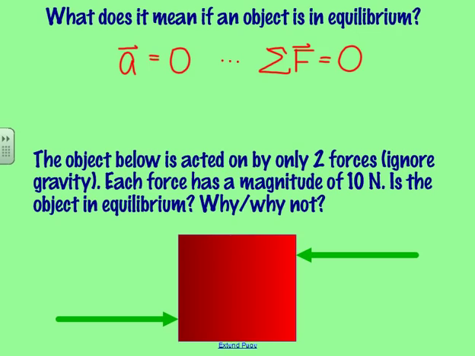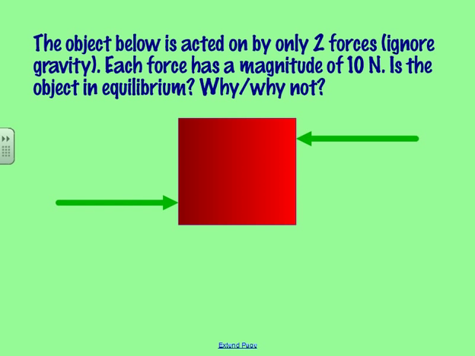Maybe you tried it, or maybe you can just figure out that this object's going to rotate. And if something's rotating, it is not stationary, or it definitely has an acceleration. It is accelerating because it's moving in a circle. Therefore, it can't be in equilibrium. Something that is speeding up or slowing down is not in equilibrium.